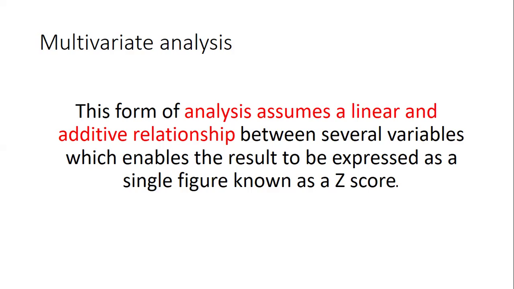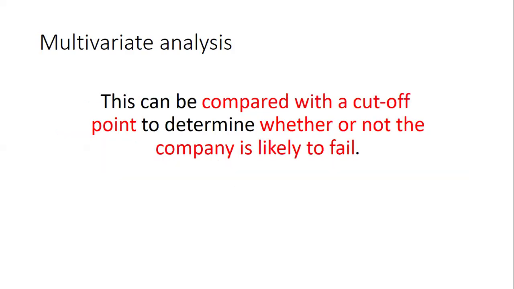And they claim that when you compute those particular ratios we will come to look at, and then you attach the weights they have found based on the econometric model to them, you should be able to tell whether the business will fail. So in this case, you are not relying on just one ratio at a time, but a combination of ratios put together as one in the multivariate analysis.